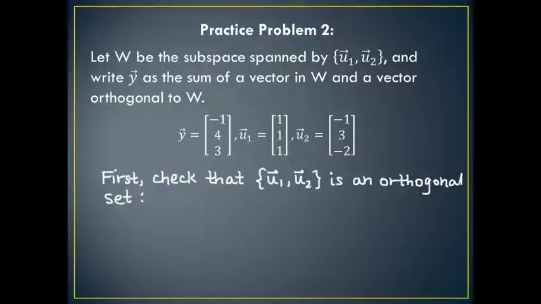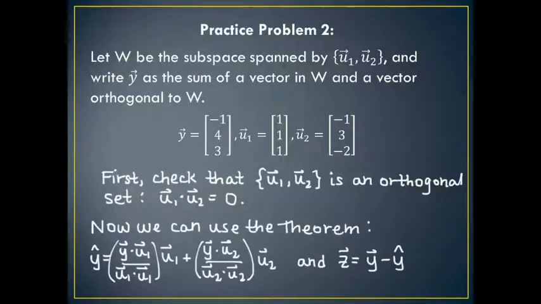So we just really quickly take the dot product. u1 dot u2 equals 0, and it's an orthogonal set. So now we can use the theorem. And remember, the theorem not only tells us how to find y hat, but it tells us how to find z. z equals y minus y hat. And z is always orthogonal to the plane W, or subspace W. It doesn't have to be a plane.